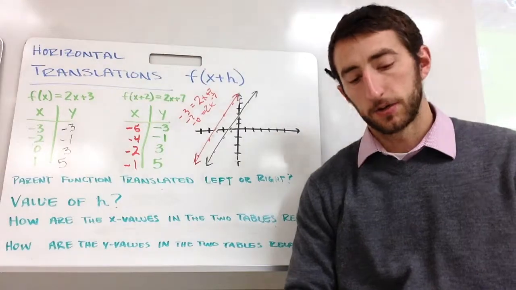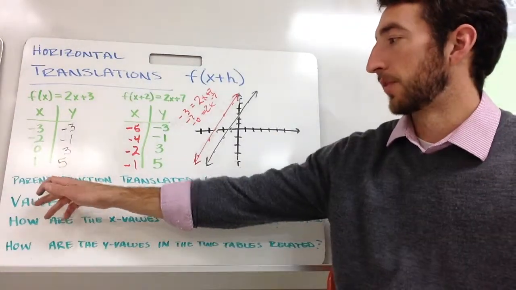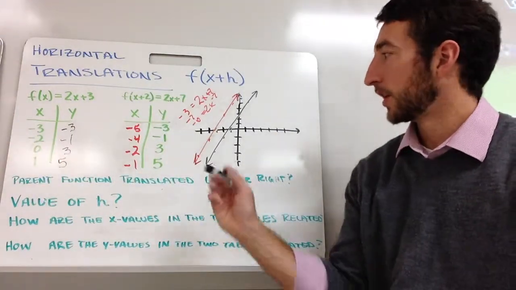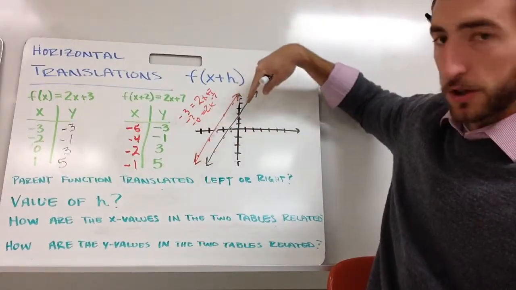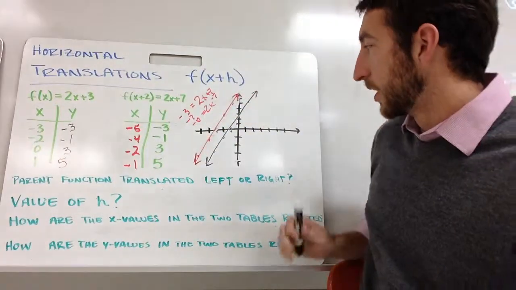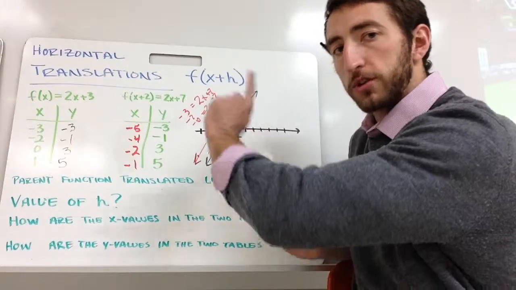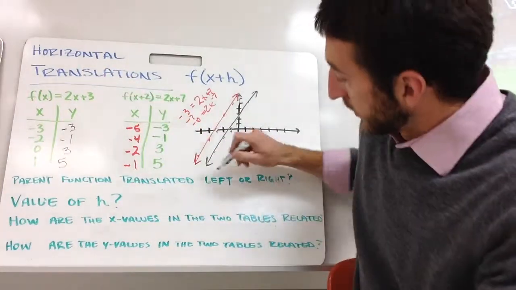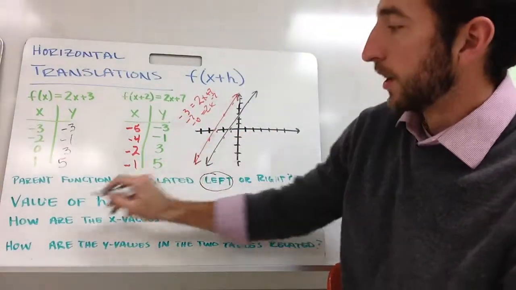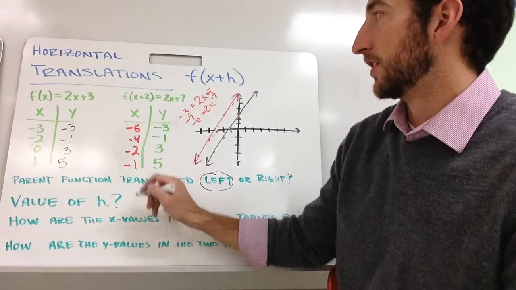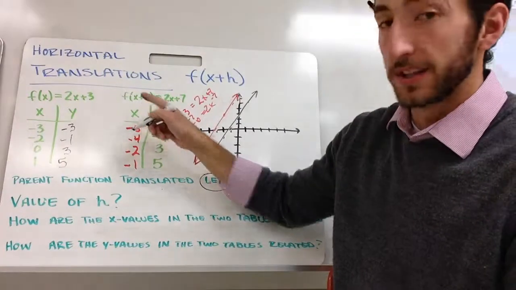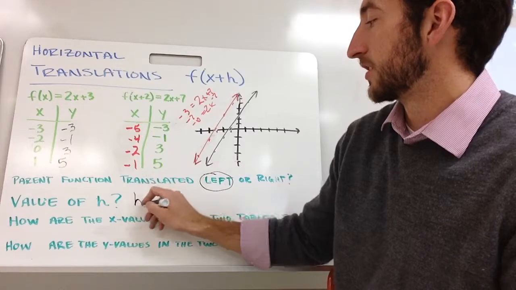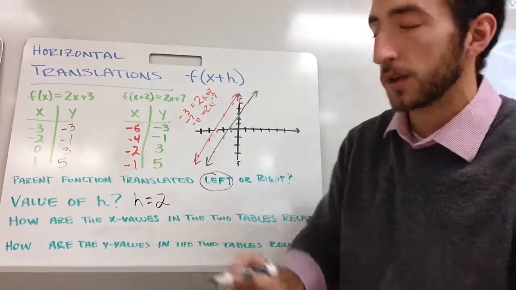Okay. So now we talk about whether the parent function was translated left or right. So if you notice, the black one's my parent function, the red is my translated function. If you look at it straight on, I'm going to the left. So I'm translating it to the left. My value of h is, if you remember, I'm doing +2, so that's actually h is equal to a +2.